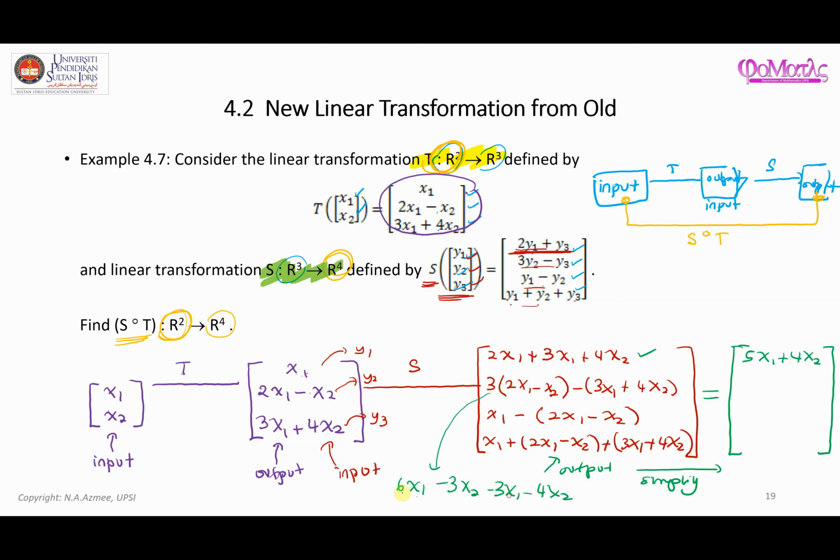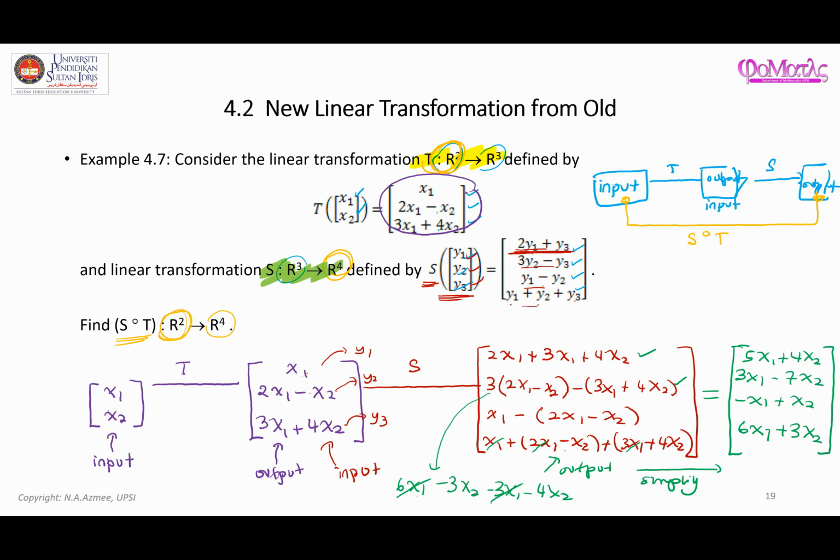So it becomes 3x1 minus 7x2. Done. Okay, this one is x1 minus 2x1, negative x1 plus x2. And this one is x1 with 2x1 with 3x1 is 6x1. And 4x2 minus x2, this is 3x2.